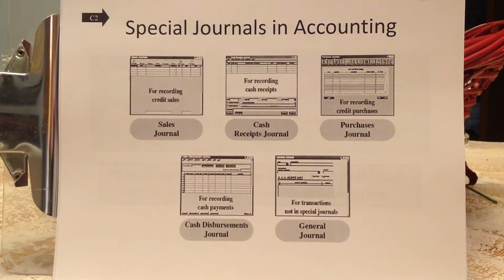Then you have a purchases journal, and what the purchases journal is used for is to keep track of ordering your parts. A lot of this is like manufacturing. If you get a job in a manufacturing company, you need the set list of parts, so you need to order those parts so you can have them when you start your job. You're going to give the list to your purchase department.